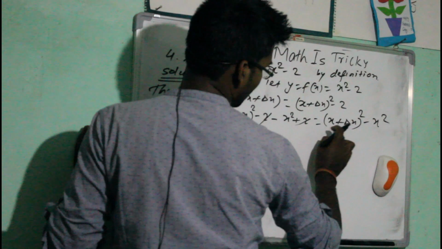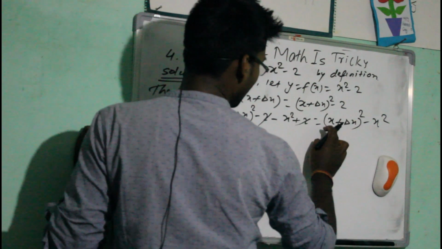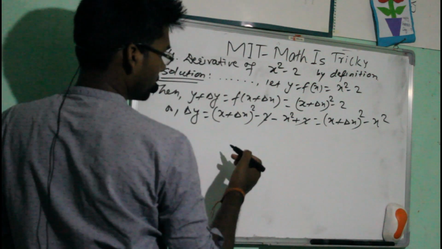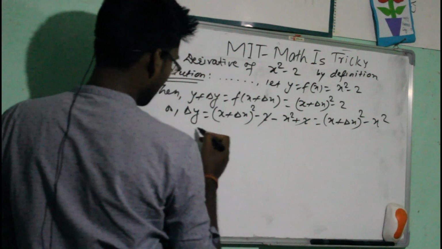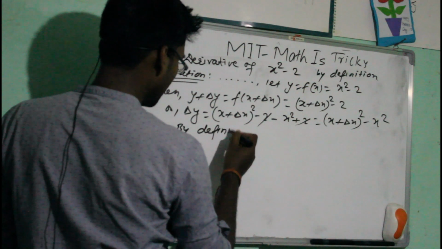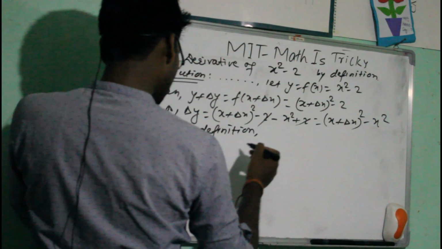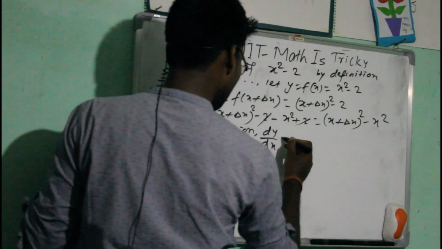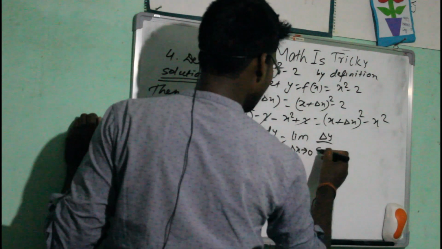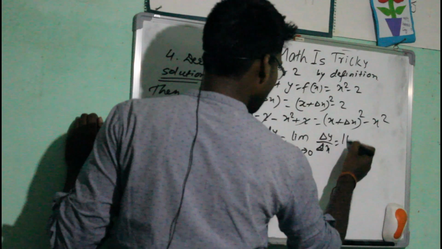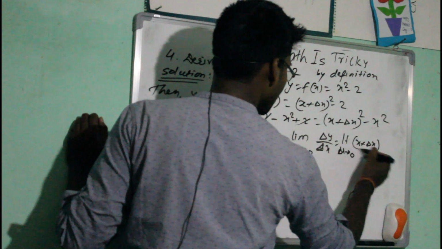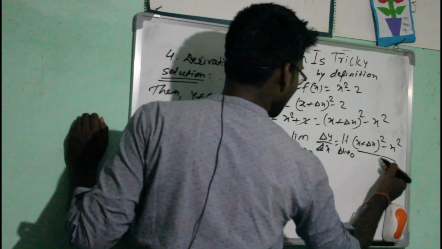After that we can use the a square minus b square formula, or the a plus b whole square formula, and cancel the terms. But as previously, I'm not going to do that or simplify, so this can be solved by any method. So let's write by definition: dy by dx equals limit delta x tends to 0, delta y by delta x, which is simply limit delta x tends to 0, x plus delta x whole square minus x square by delta x.